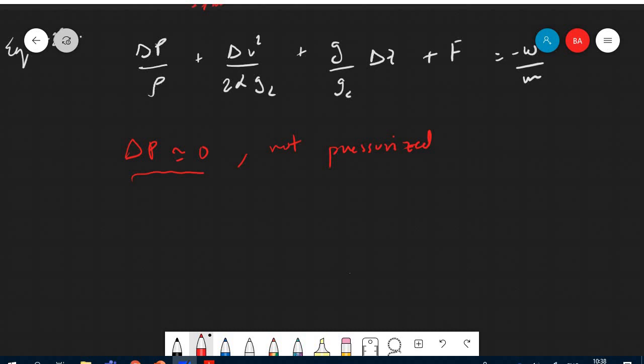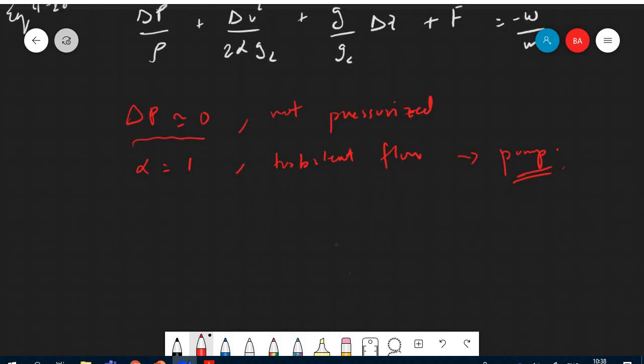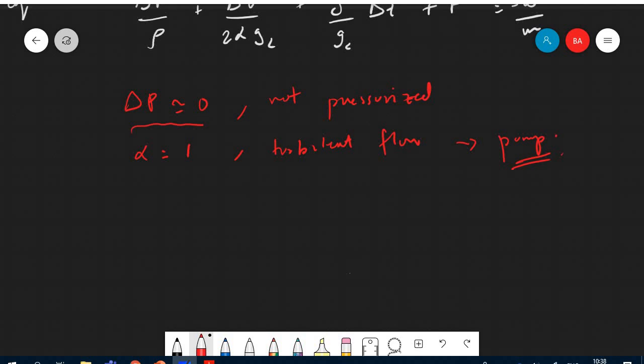And number 2 that we are going to take as an assumption here is alpha equal to 1, where we are considering it as turbulent flow. Why? Because you have a pump. Actually, it's not that accurate. You need to calculate it. But because you have a pump, I'm going to consider that as turbulent flow, and alpha is equal to 1, just to make things easier. Okay, now what information do we have? Okay, so these are my assumptions.